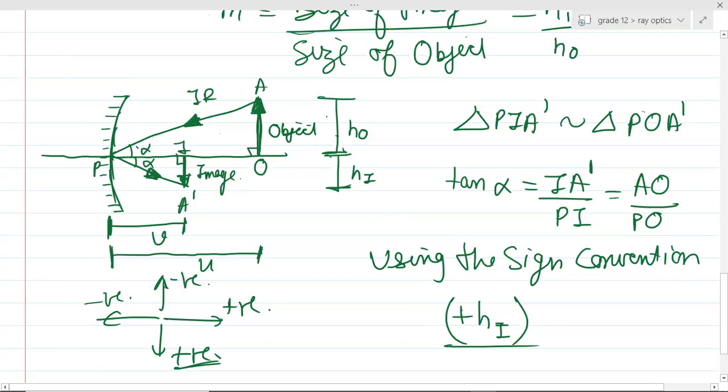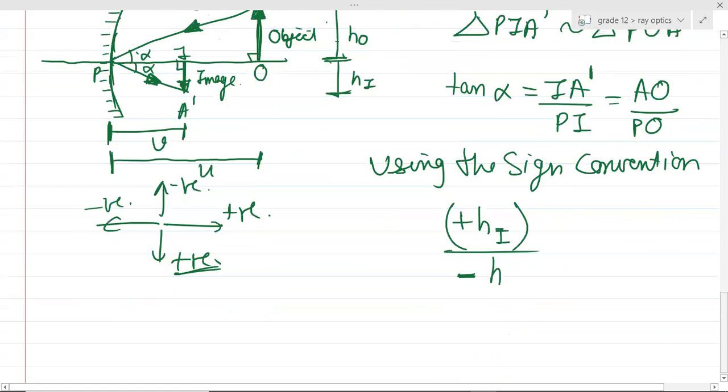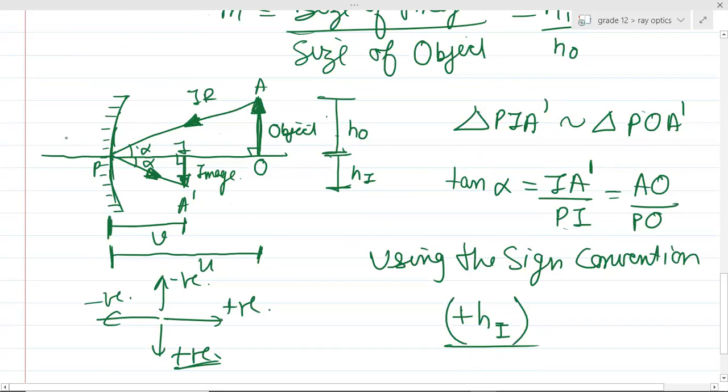So negative. Can you see over here the object's height is basically ho, so negative? So can I write minus of ho is equal to now AO upon PO. Sorry, my bad. PI is basically the image distance, so in the positive direction, plus v.